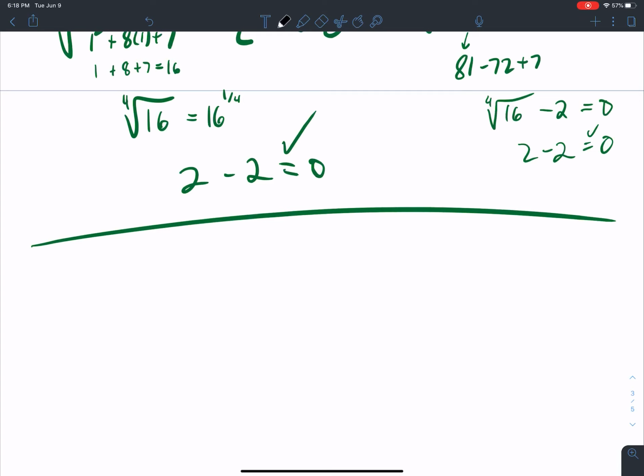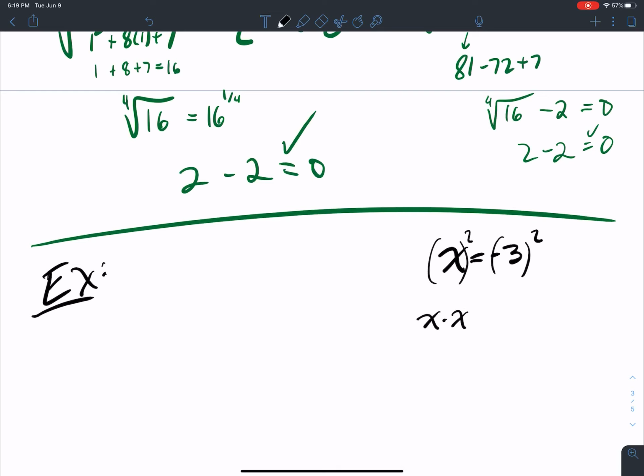If you don't check, you might be getting extraneous solutions. And just to hammer down extraneous solutions, say x equals negative 3. Why am I getting an extraneous solution? When I square, I'm introducing another x into the equation, an x times an x. Now it says x squared equals 9.